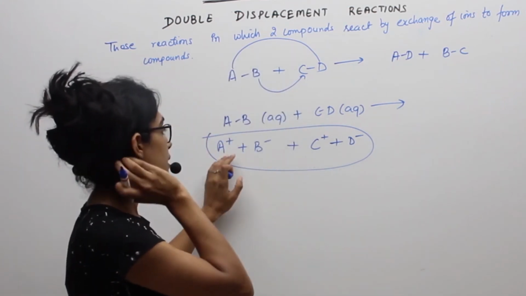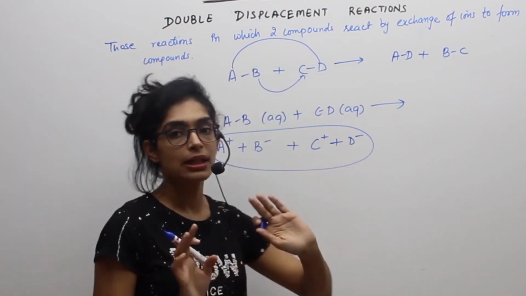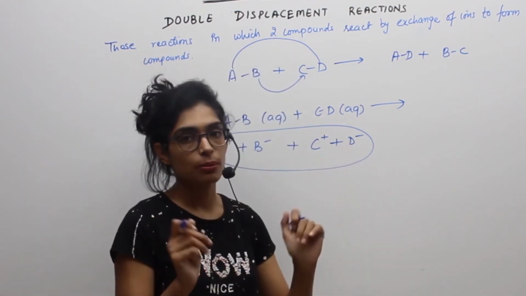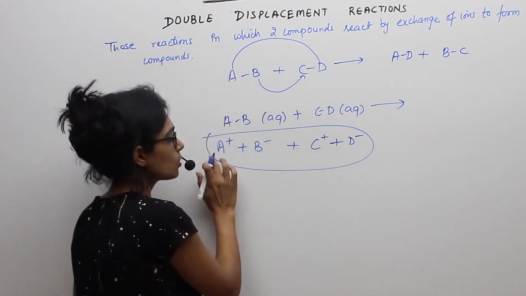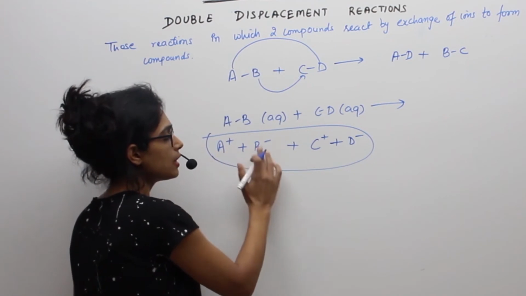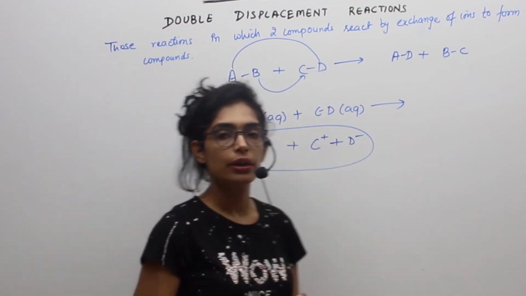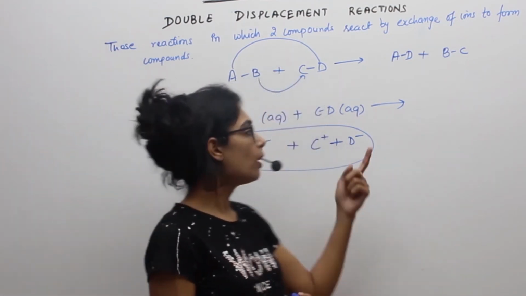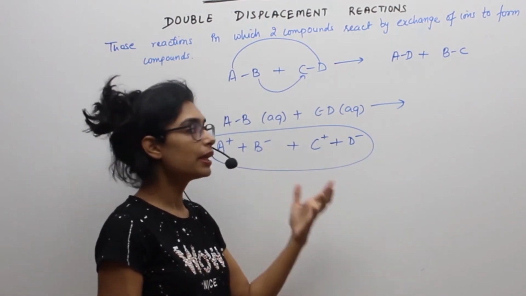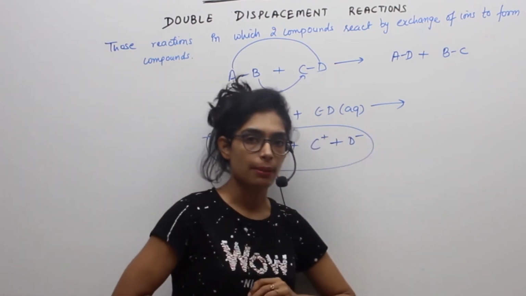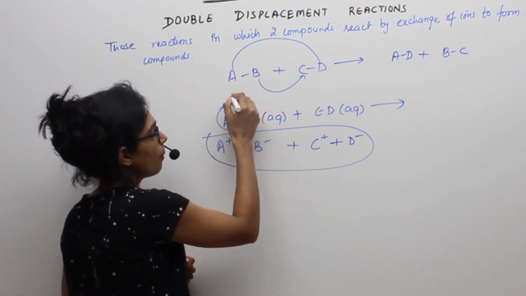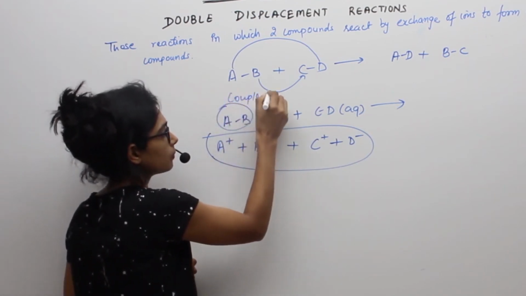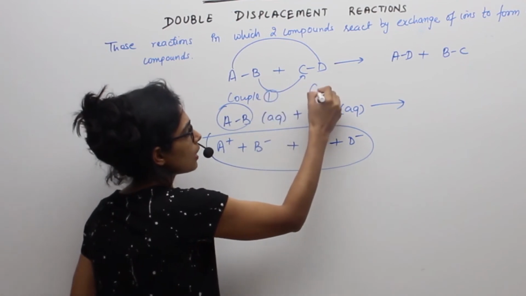The solution mixture has A plus, B minus, C plus and D minus ions present in the reaction mixture. Now what happens? Now all these ions A, B, C, D are in the reaction mixture. Now, when you have understood this, let me explain the rest of the reaction through another example. Assume this AB was a pair or a couple 1, and CD was couple 2.